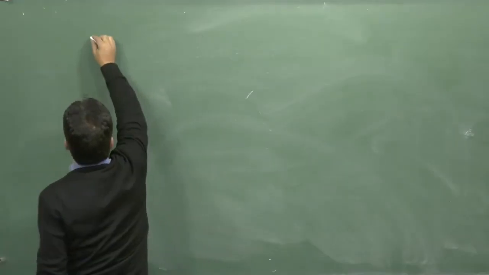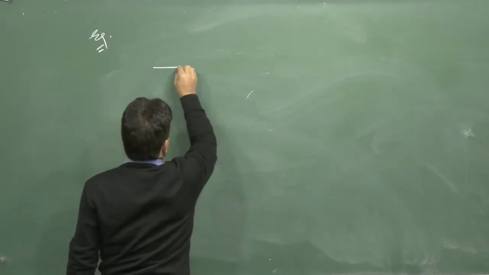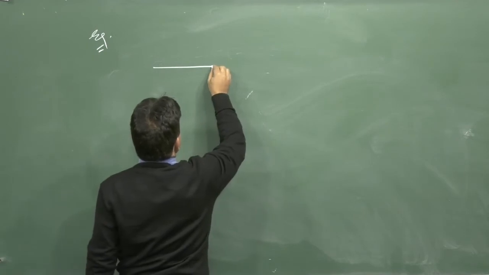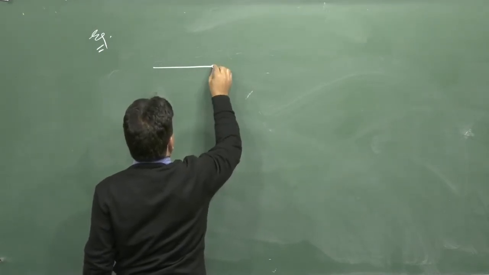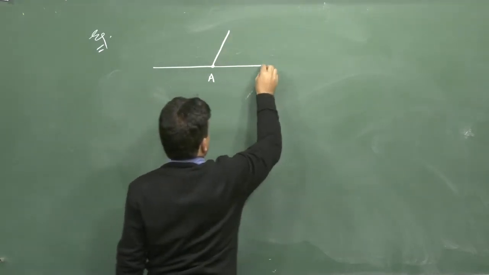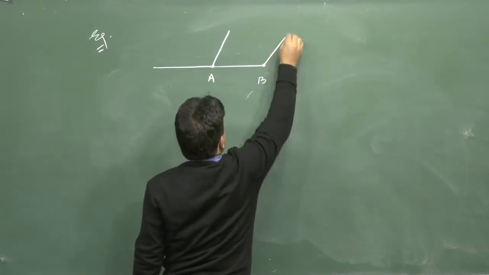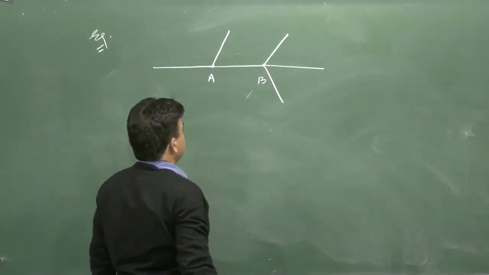Now, let us have one example here. Let us suppose that I have a junction here at point A and the branches like this. Another junction at B having branches like this.